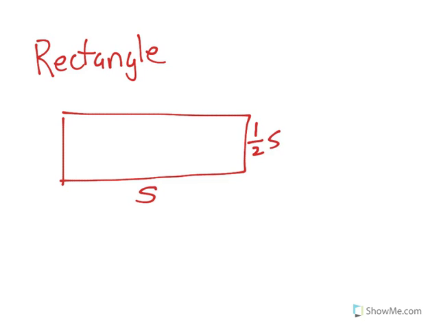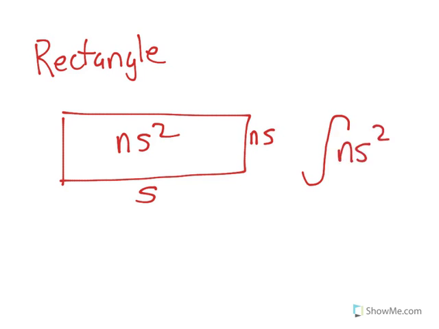They may tell you 2, they may tell you 3, they may tell you 5. I'm actually going to take that 1/2 out and say it's n times the base, ns. The area of the face is then n times s squared. So the integral we get is n s squared times the thickness, which is going to be dx.